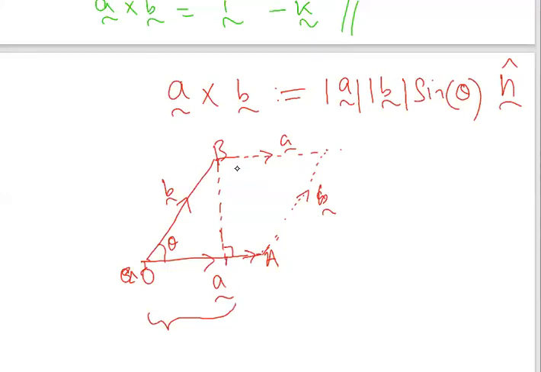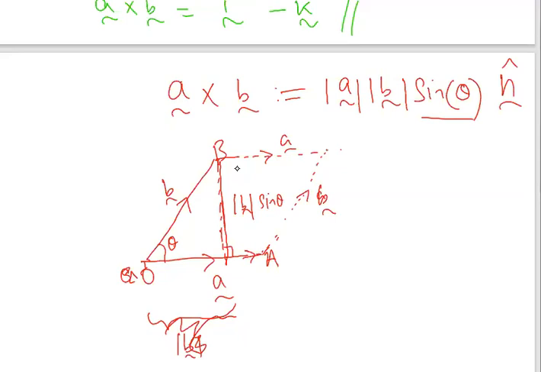No, not projection, because here you have a sine term. So I have to consider this the height of this parallelogram. What is that? The magnitude of B times sine theta. So what is the area of this parallelogram?